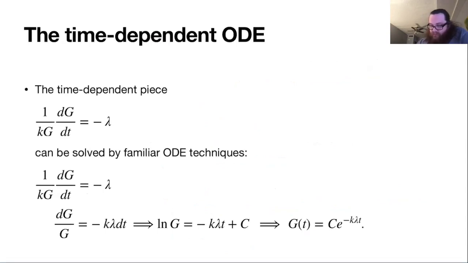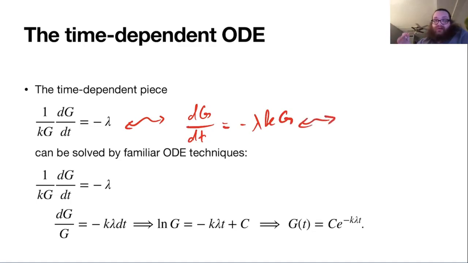Right. This is one way of writing what we had. Another way of writing it was dg dt is equal to minus lambda k g. Okay. Another way of writing this, right, getting towards actually integrating and solving these ODEs, we can write this as dg over g is equal to minus lambda k dt, right?